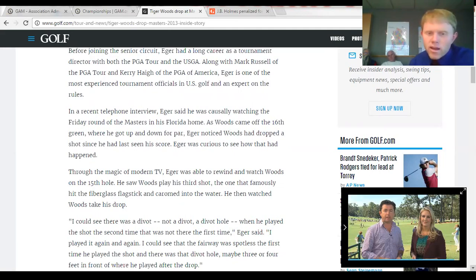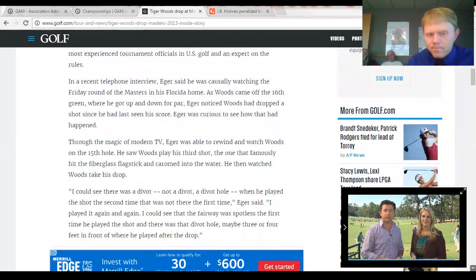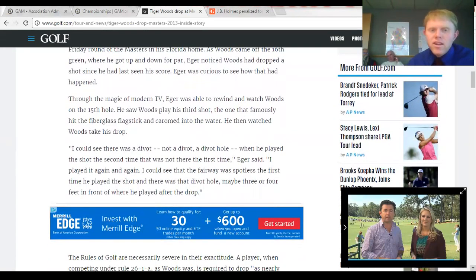He saw Woods play his third shot, the one that famously hit the fiberglass flagstick and caromed into the water. He then watched Woods take his drop. "I could see there was a divot, not a divot hole, when he played the shot the second time that was not there the first time," Eager said. "I played it again and again. I could see that the fairway was spotless the first time he played the shot, and there was that divot hole maybe 3 or 4 feet in front of where he played after the drop."